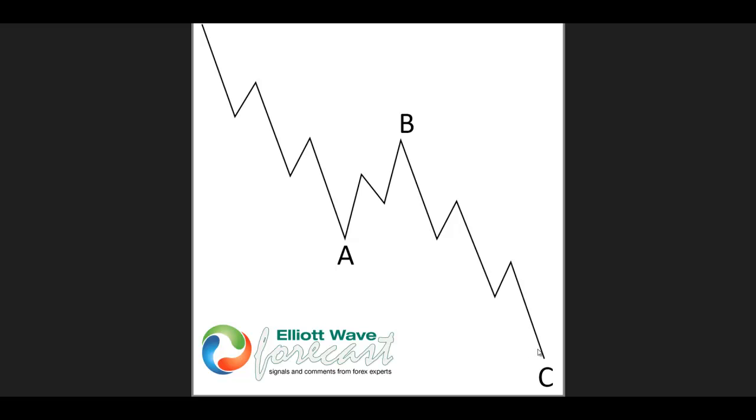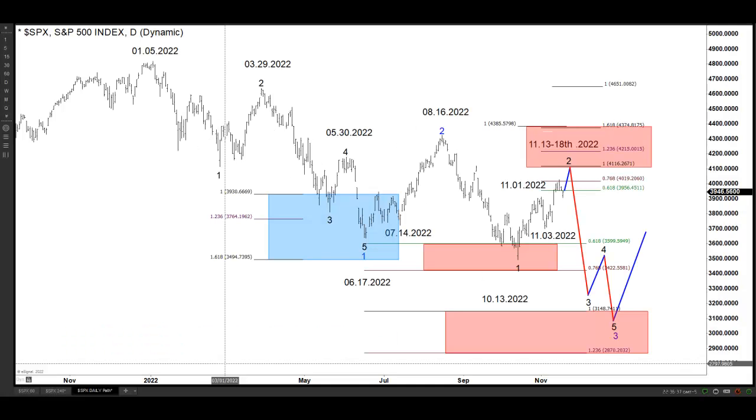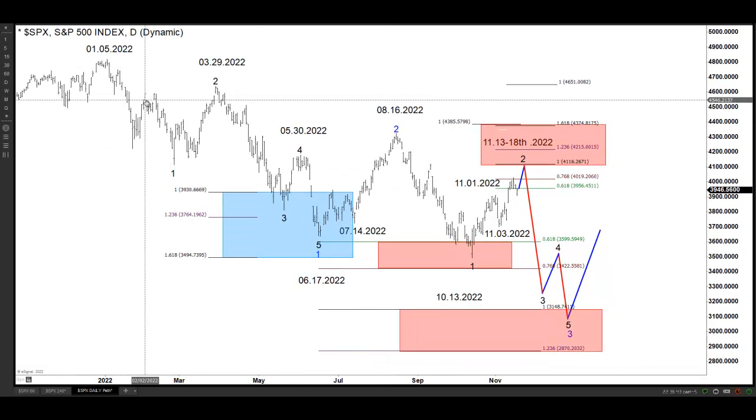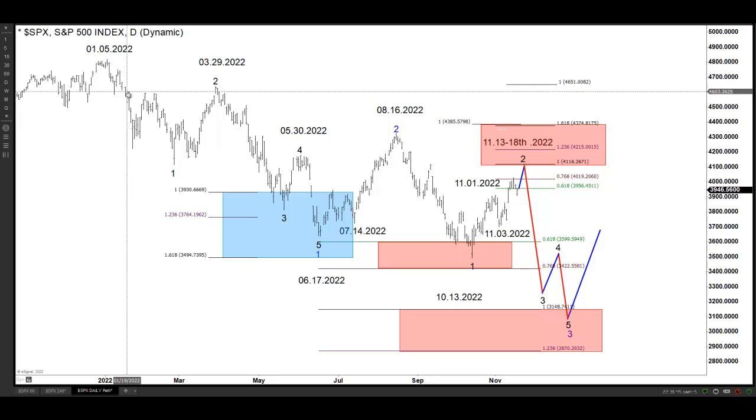So technically it's 2 sets of 5 waves. If we take a look at the S&P from the daily peak that happened in January of this year, the S&P comes 1, 2, 3, 4, 5. That makes 1 in black, 2 in black, then 3 in black, 4 in black, 5 in black.